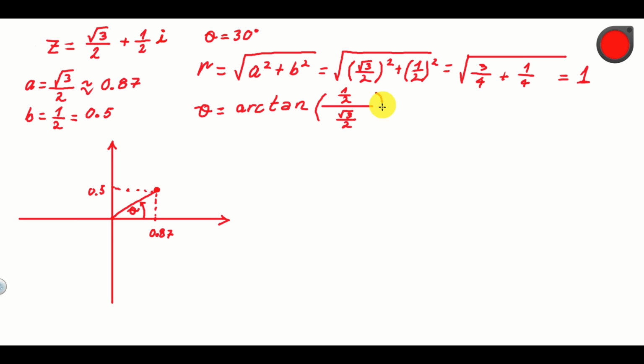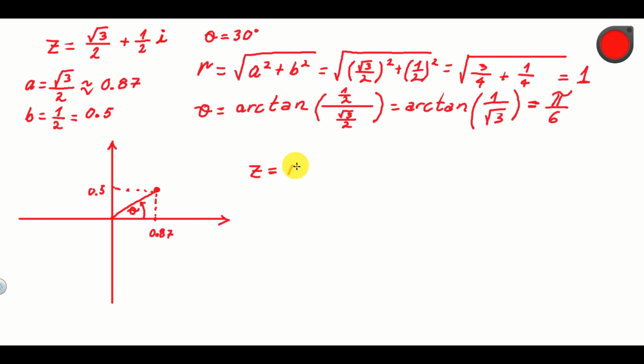And over here we will have arctan of 1 over square root of 3. And it's easy to show that this angle is actually pi over 6. And consequently, the polar form of our complex number looks like this.